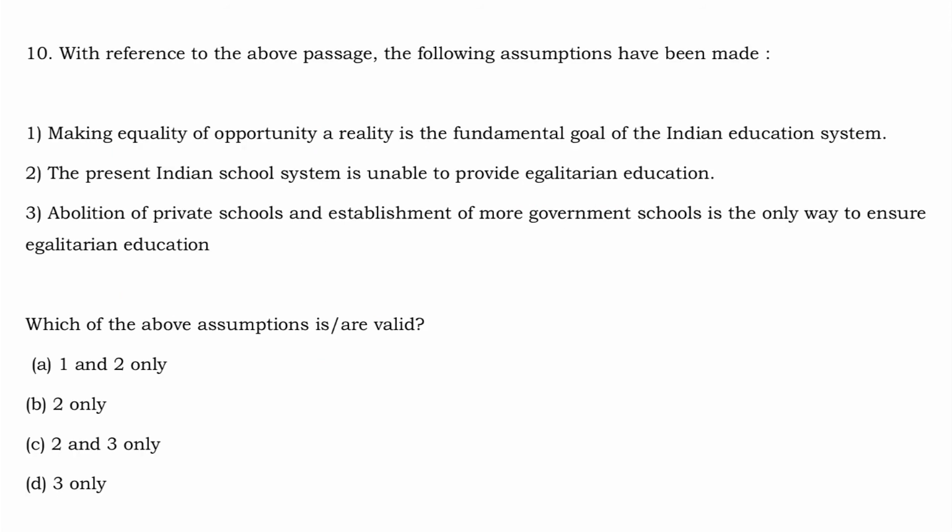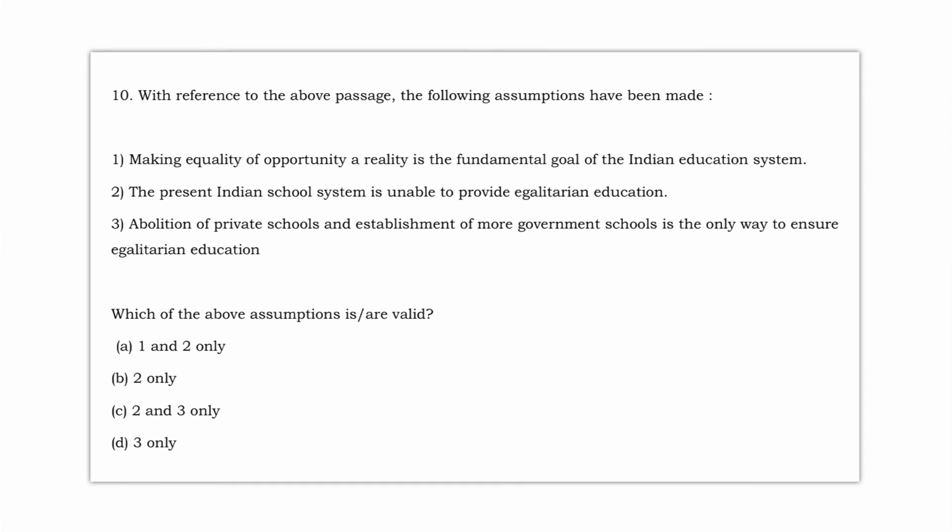So the question will be, with reference to the above passage, the following assumptions have been made here, okay. Making equality of opportunity a reality is the fundamental goal of the Indian education system.